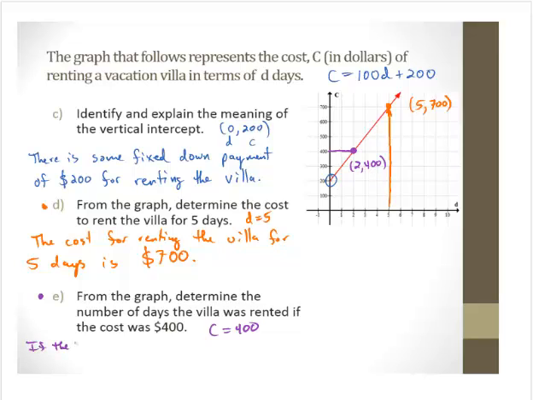So if the total cost was $400, then the villa was rented for 2 days.